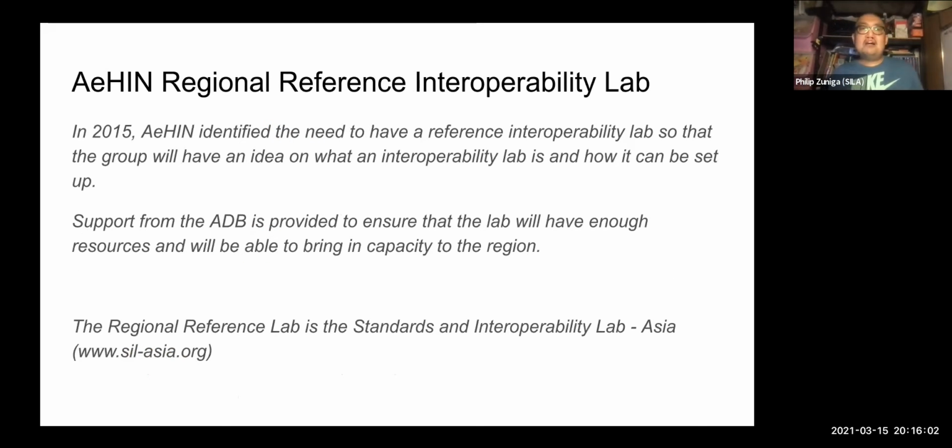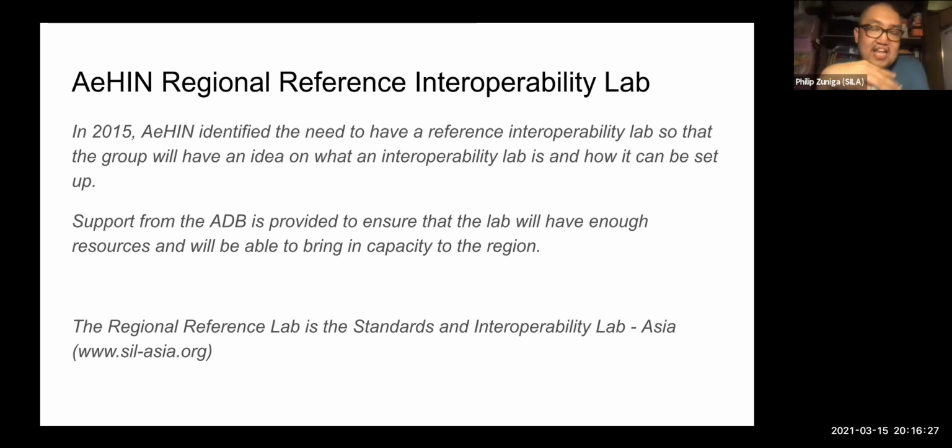So we now look at the history of SIL-A. In 2015, the Asia eHealth Information Network, so we are all familiar here with AeHIN, identified the need to have a reference interoperability lab. Because during those times, I think AeHIN was thinking, how can we help countries to have interoperable solutions?